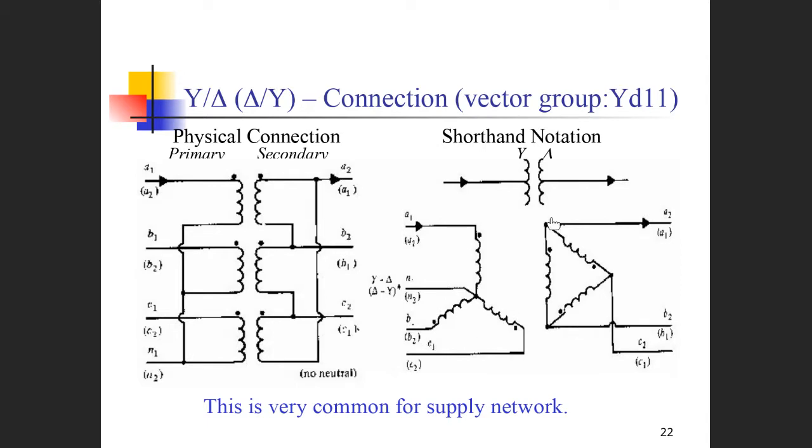However, for the high voltage side, it is a delta connection. The advantage of the delta connection on the high voltage side is that it can minimize the harmonics from the low voltage side, the loading side.